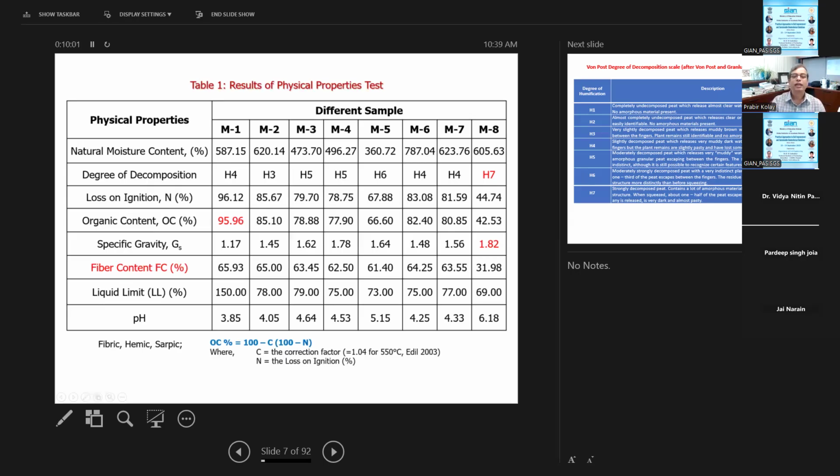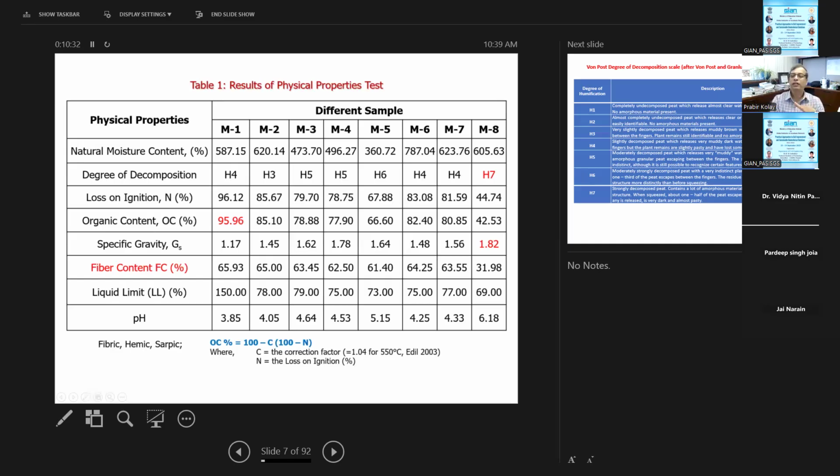Then the degree of decomposition. There is a scale from H1 to H10, where a higher number means more decomposed. Here in these soils, M1 to M8, M8 is the most decomposed. What happens if it's more decomposed and finally fully decomposed is that it converts from organic soil to mineral soil, right?